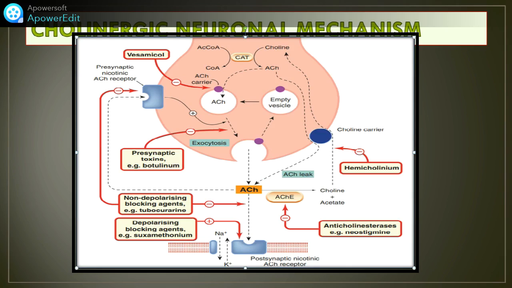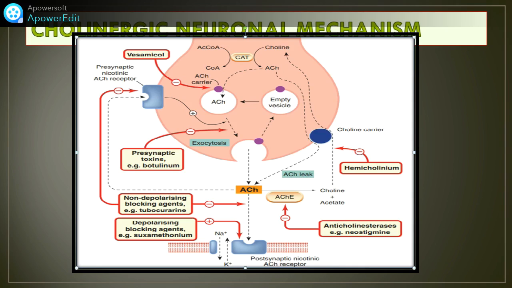The uptake of choline by the neurons is the rate limiting step in the biosynthesis of ACH. So this choline which is taken up by this choline carrier is the rate limiting step in the synthesis of ACH.